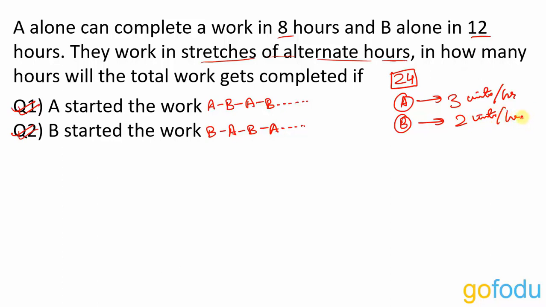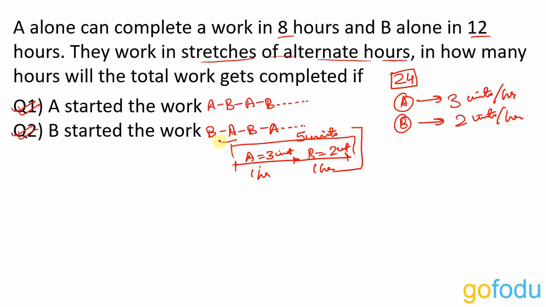Now take the first case. A started the work and they work in stretches of alternate hours. That means in the first hour, A will be doing 3 units of work. In the next hour, B will be doing 2 units of work. Like this, in 2 hours, they together will be doing 5 units of work.